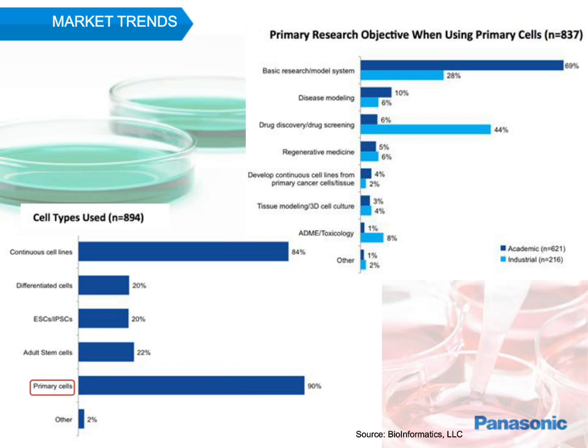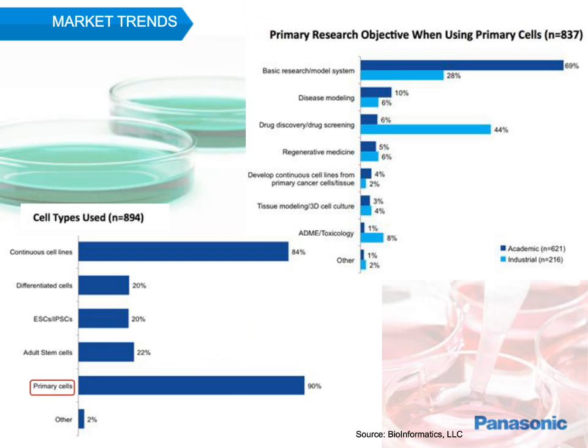It is no surprise that primary cells, as you can see from this graph, are the most widely used cells in the industry, followed by continuous cell lines. The main reason for this was attributed by this research to the fact that primary cell cultures more closely mimic the physiological state of cells in vivo and therefore generate more relevant data compared to the transformed continuous cell lines.